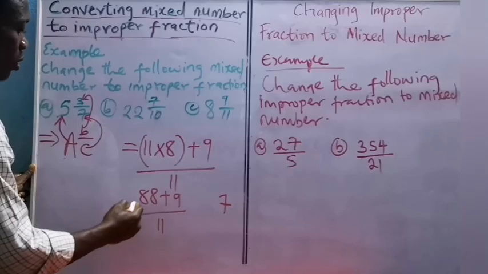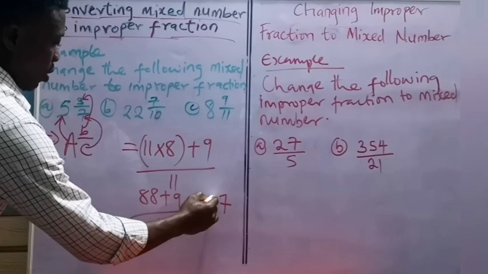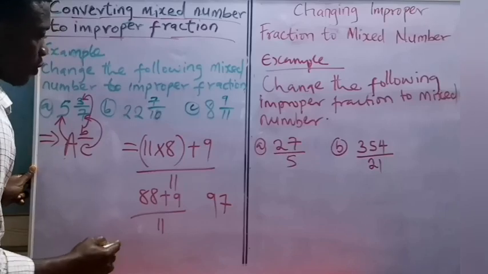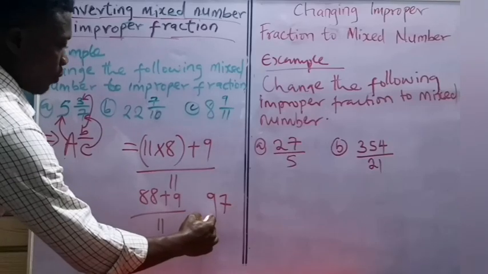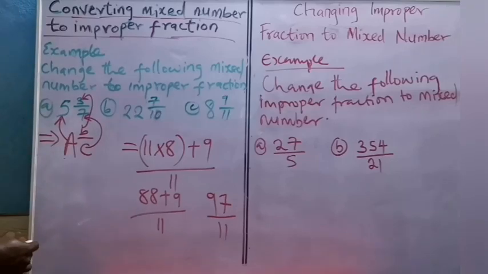So carry 1, put here, it is 97 divided by 11. Okay.